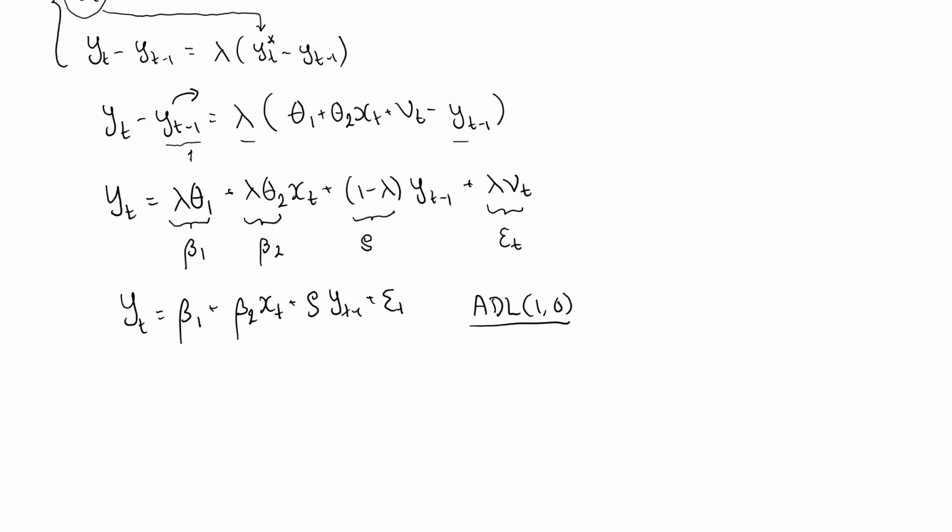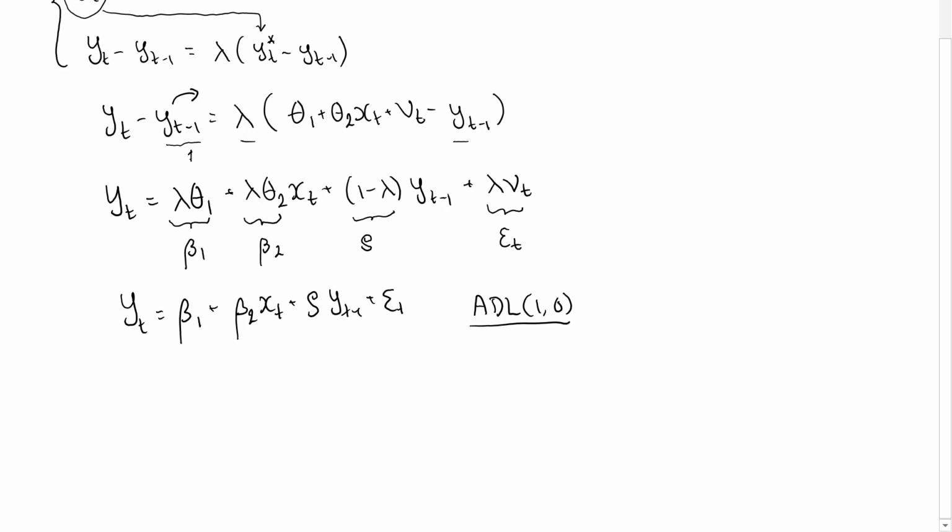Another way to view this is that a motivation for using the ADL 1,0 model is the partial adjustment process. If I specify a model as an ADL 1,0, then I can do that using the argument that I believe that there is some inertia and it takes some time for the y variable to adjust.